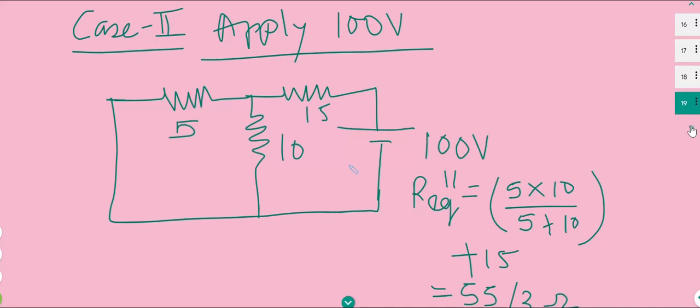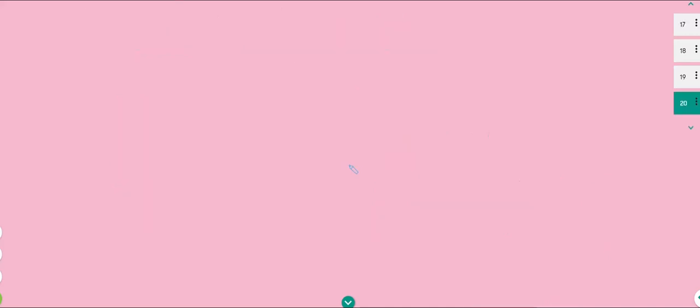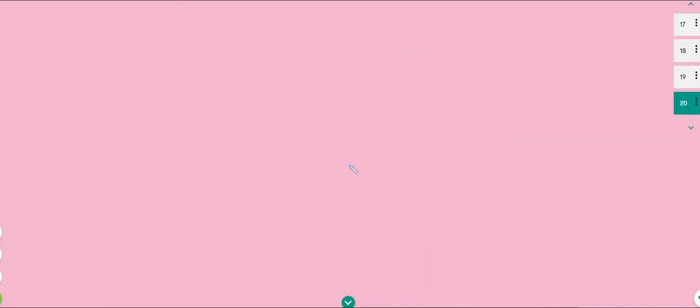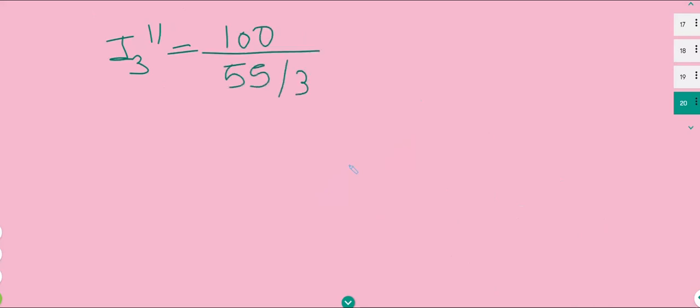Now you have to find the total current in this case also. This is the circuit. The total current is I3 double dash, the current through 10 ohm is I2 double dash, and this is I1 double dash. We want to find the current through 10 ohm, so we have to find I3 double dash also. So I3 double dash is 100 volt divided by the resistance, 55 divided by 3.